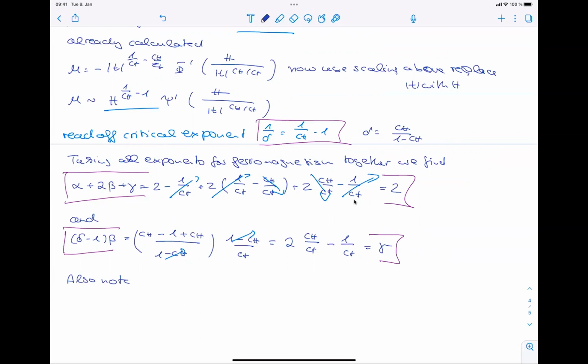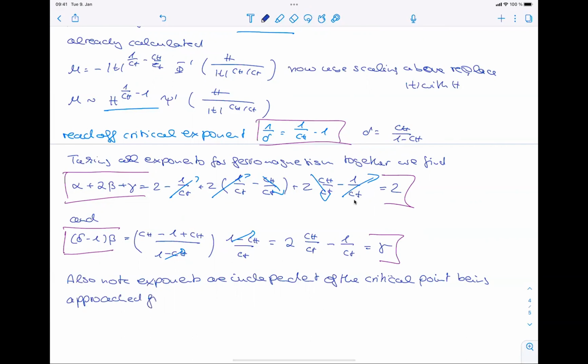So independent of the sign of the reduced temperature in this case.